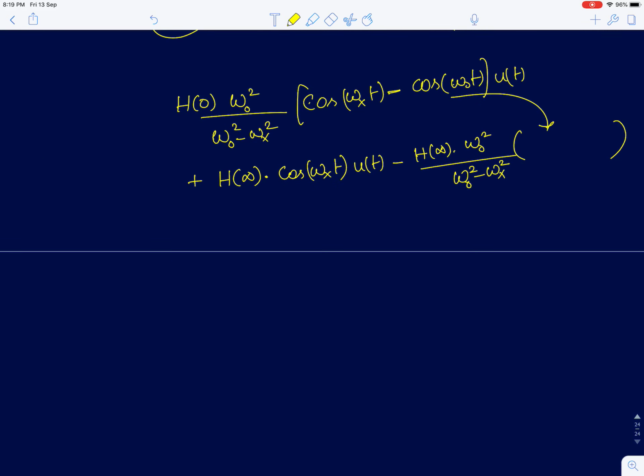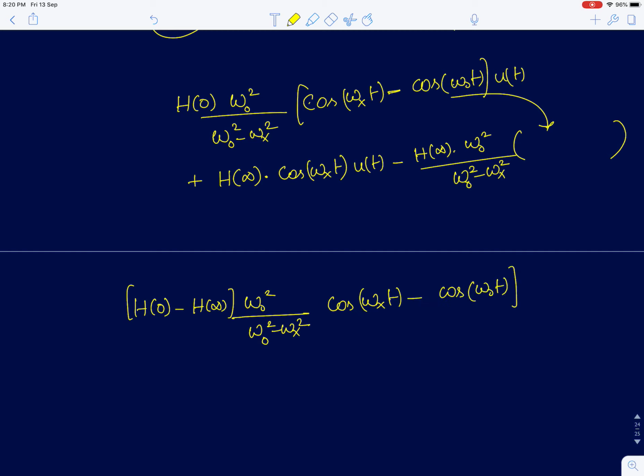Okay, so I can rewrite it as h of 0 minus h of infinity into omega naught square by omega naught square minus omega x square into cos of omega x t minus cos of omega naught t, plus you would have h infinity into cos of omega x t into u of t.